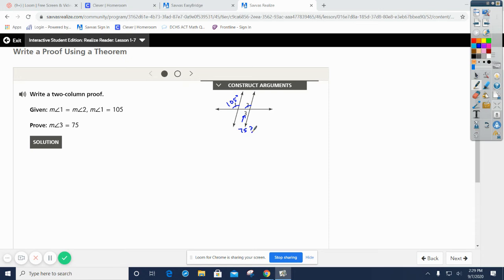Before we even look at the actual proof, let's just use some common sense. If angle 1 and angle 2 are congruent and angle 1 is 105, what's that make angle 2? 105. That's what congruent means, right?